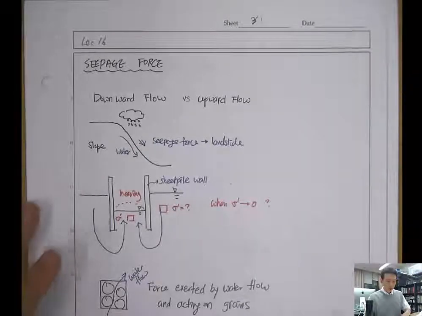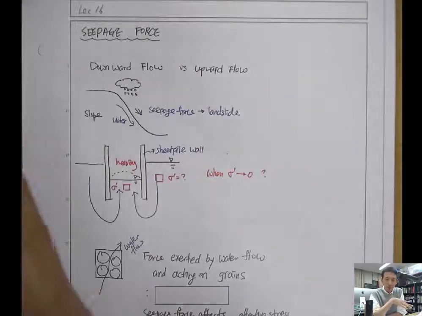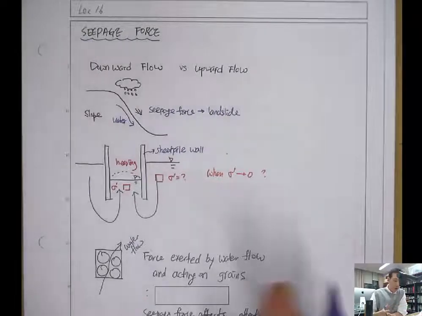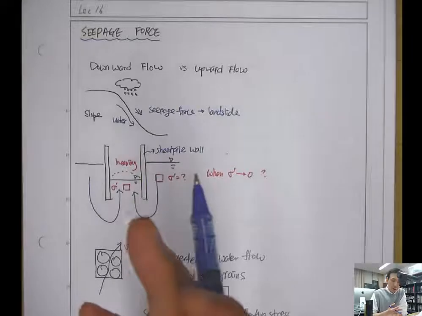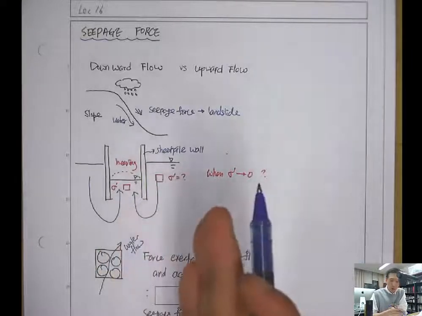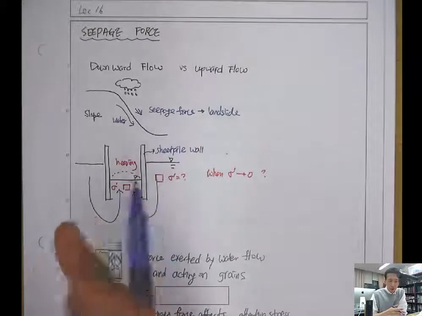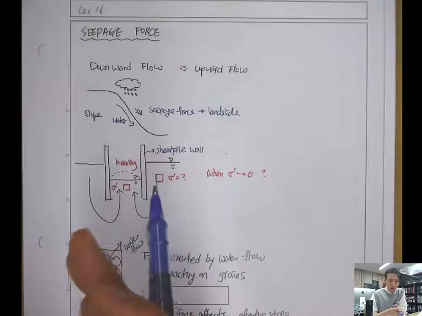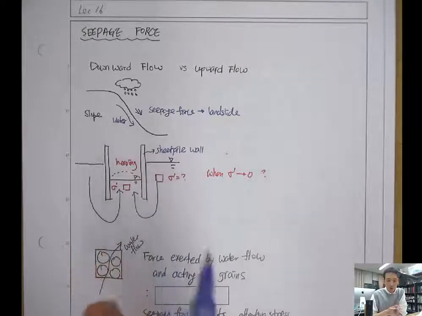Okay, so the question is, when you have a downward water flow or upward water flow, will it change the effective stress? In the previous lecture we talked about the head: pressure head, elevation head, and the total head. The total head is conserved because of energy conservation, and the total head is the sum of the elevation head and the pressure head.